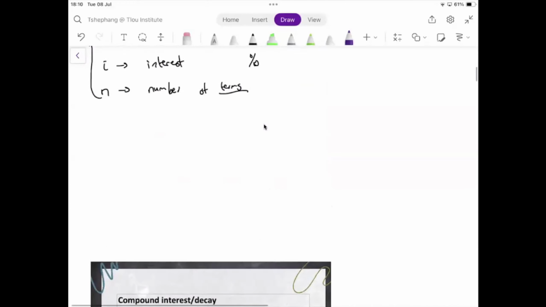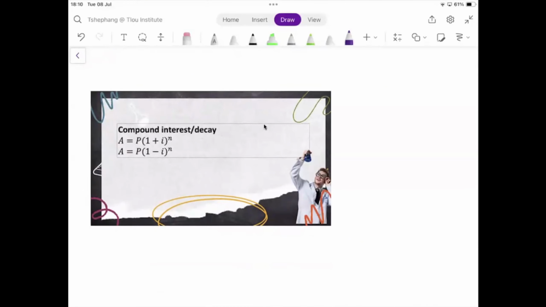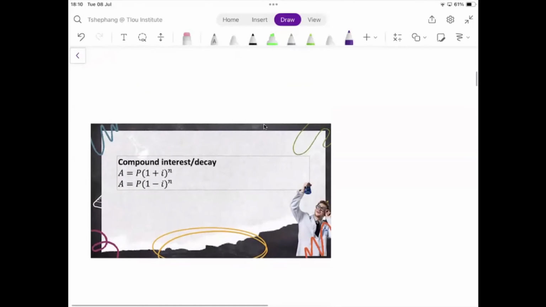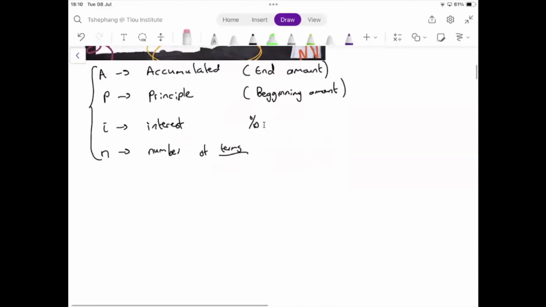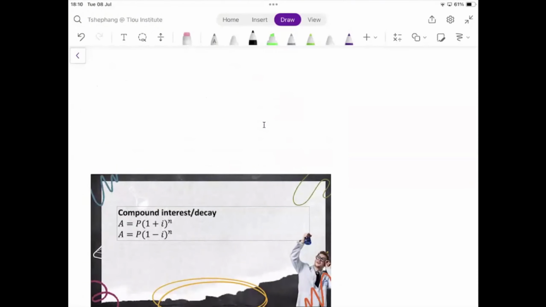Right, now moving on. Compound interest and decay. Now, I want to go back to simple interest. Let's compare these formulas. The simple interest formula looks very simple, and for the compound one, let me just write the simple one here: A is equal to P into (1 plus i multiplied by n). This looks simple.